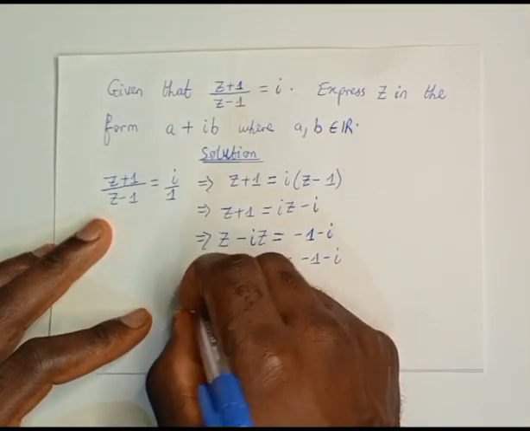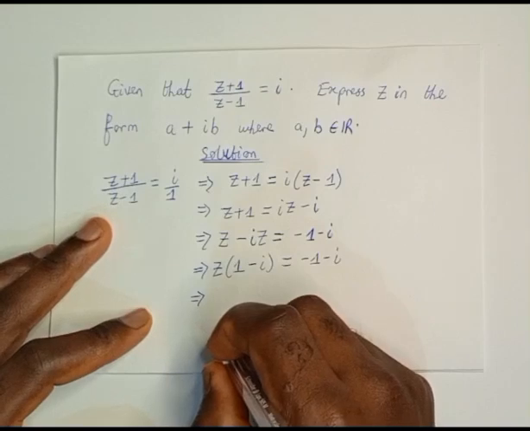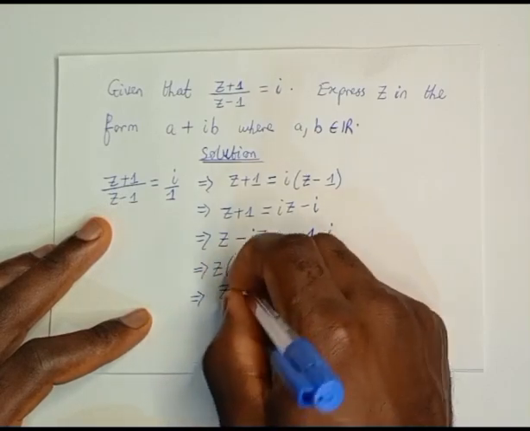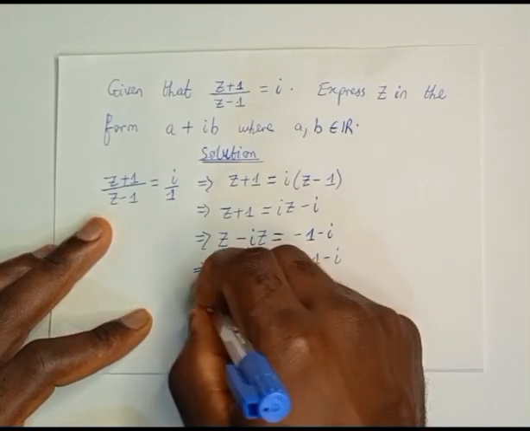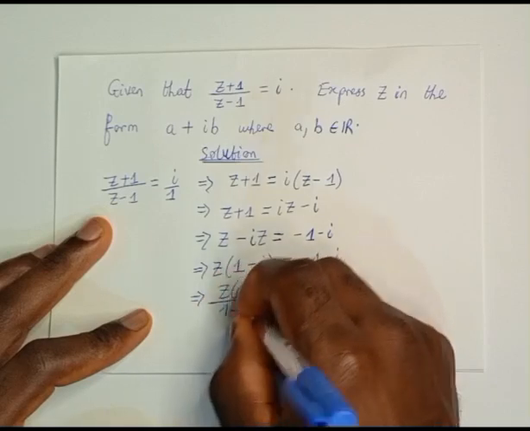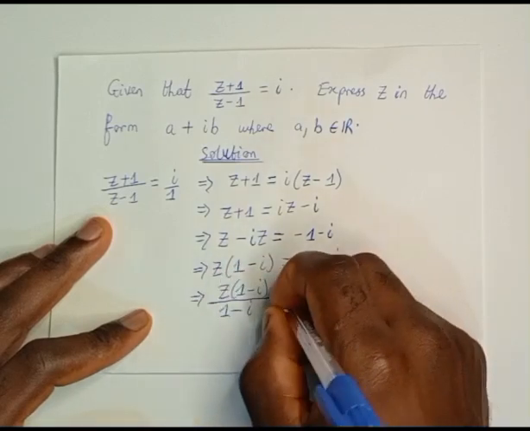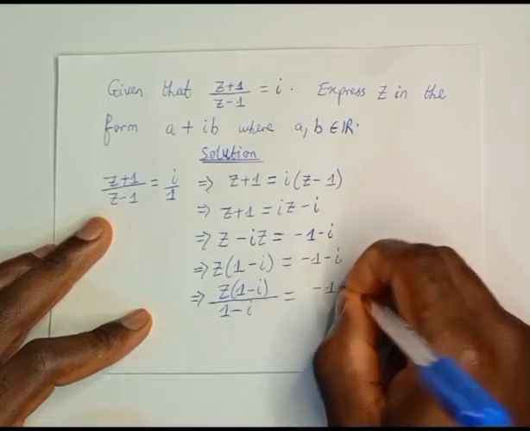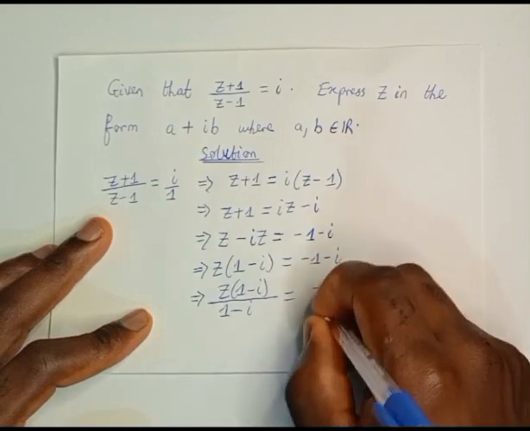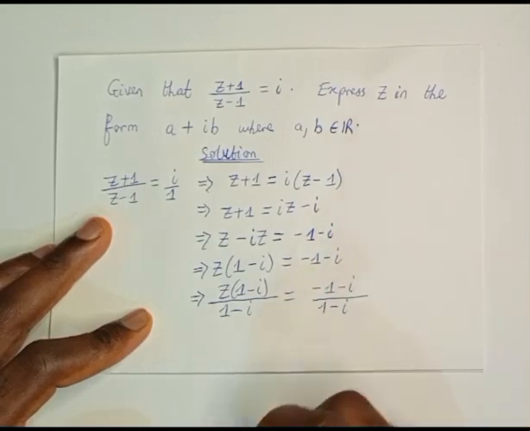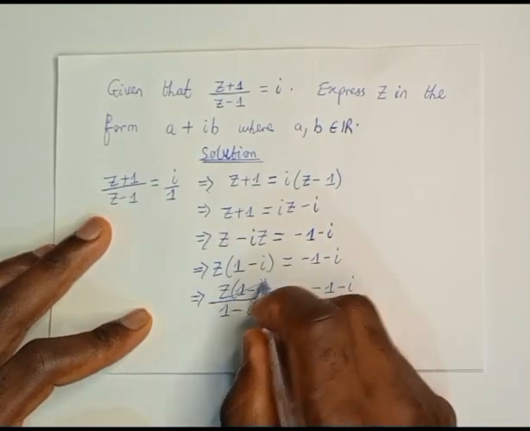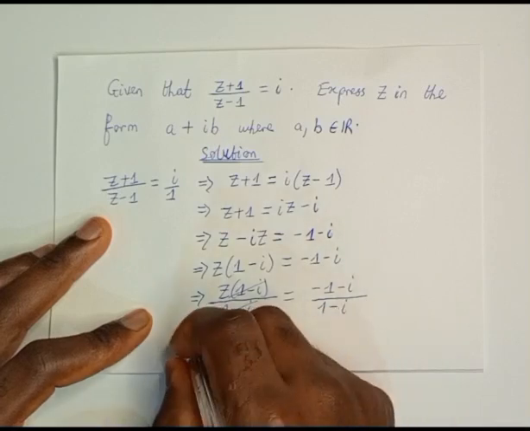For us to get z, we are going to divide both sides by 1 minus i. z times (1 minus i) divided by (1 minus i) will simply be equal to (negative 1 minus i) all over (1 minus i). 1 minus i will strike off 1 minus i.